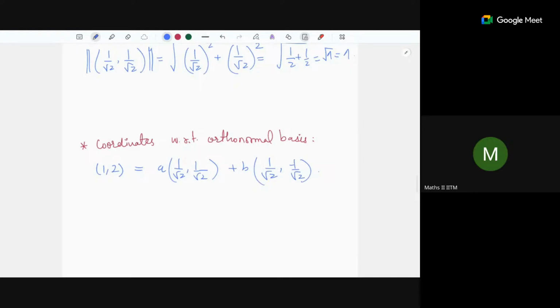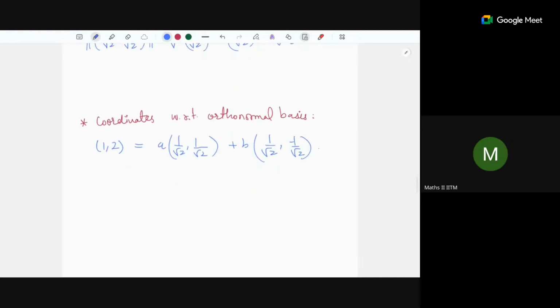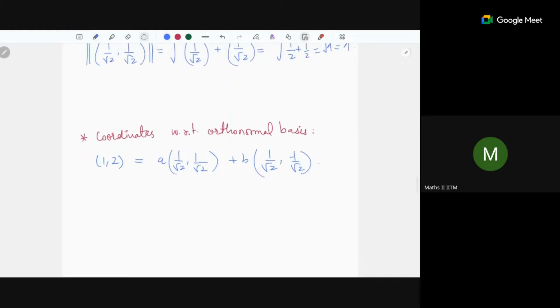Now, once you have an orthonormal basis, there is an easy way to find the coordinate representation of any vector with respect to that orthonormal basis. Suppose, for example, you want the coordinate representation of (1, 2) with respect to these orthonormal bases. How will you do that?